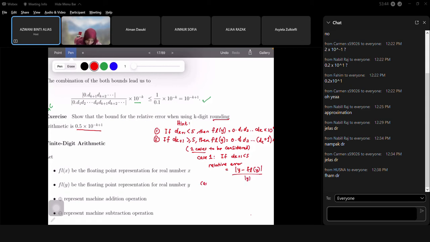Then you need to find the second case: what happens if D(K+1) is greater than or equal to 5. Find the relative error too. See if you get 0.5 times 10 to the power of this.